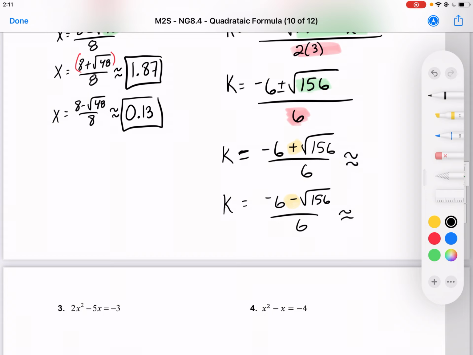So it's a good idea to practice this on one of these, if not both. So when you add, you're going to get 1.08 approximately. And when you're subtracting, you'd get -3.08.